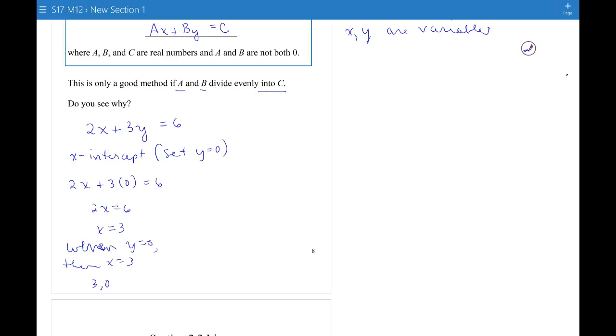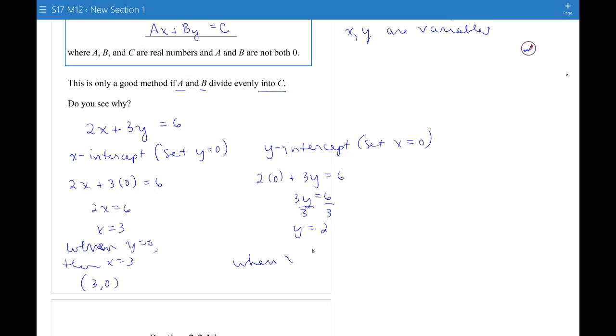So the point (3, 0) is a point on the line, and in fact is the x-intercept. Then if we want to find the y-intercept, we set x equal to 0, and we say, let's see, that's going to happen when y is 2.